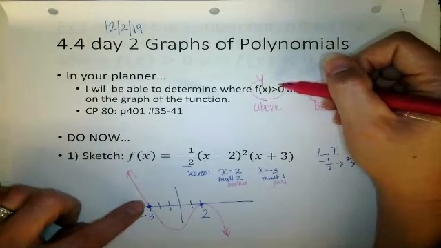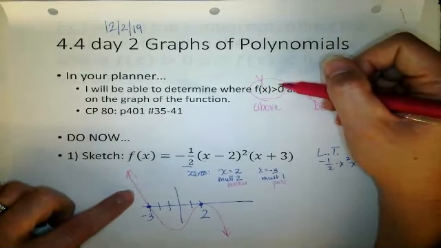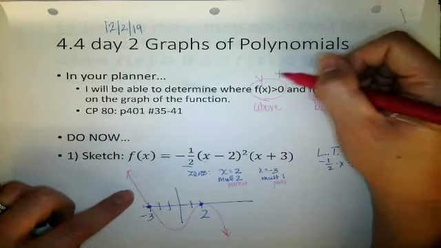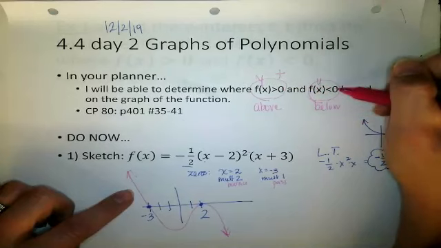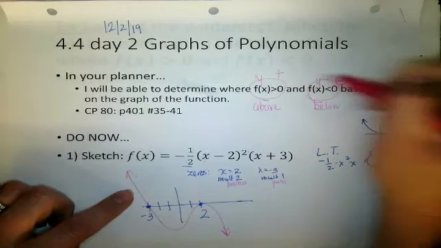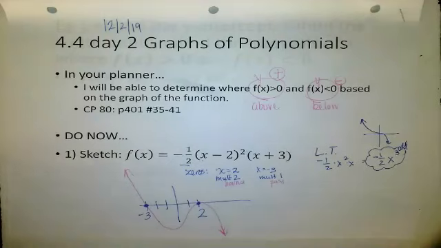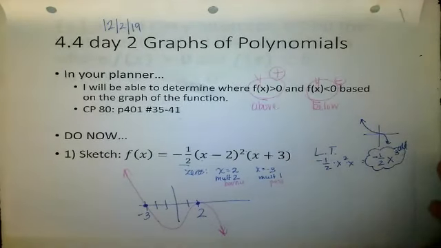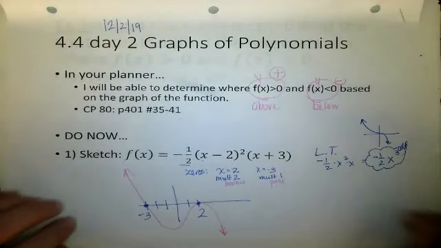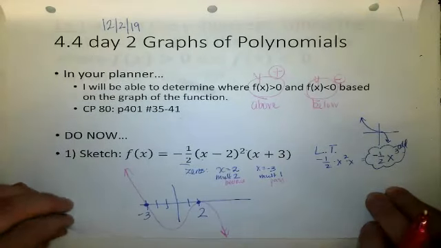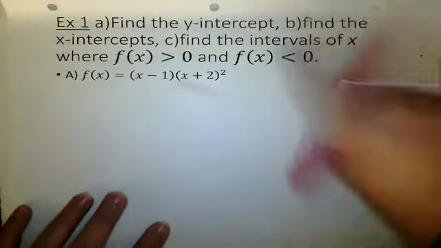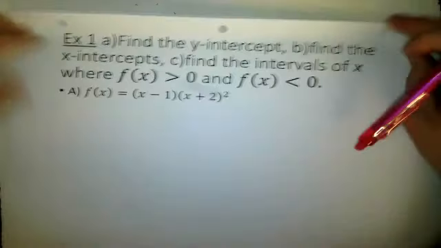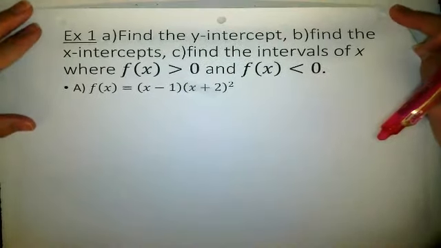So where are the y values greater than 0, positive, or less than 0, negative? We can do that a number of ways. You can do it graphically like this. Your book tells you not to do it graphically, but I don't care how you do it. You can use a calculator too. I'll do both. Again, you can pause if I'm going too fast.